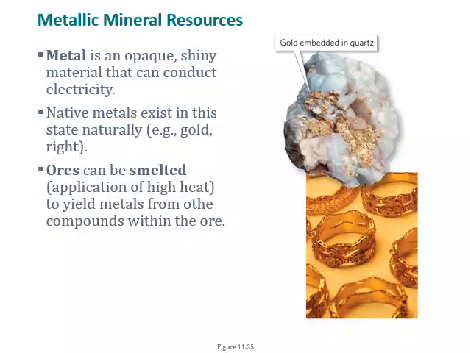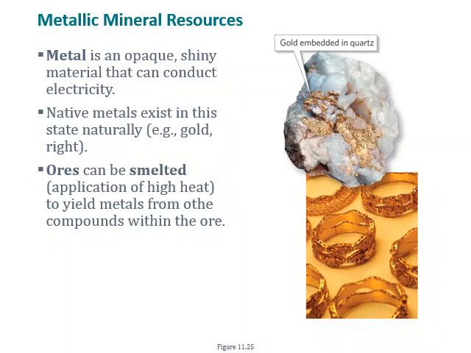Ores are groups of minerals and elements that can be smelted to yield metals from the compounds within the ore. In other words, ores have enough concentration of a valuable element that they are mined.